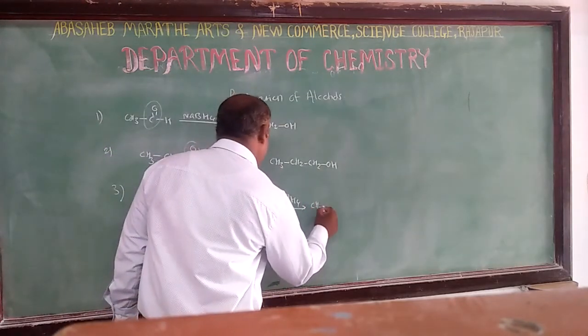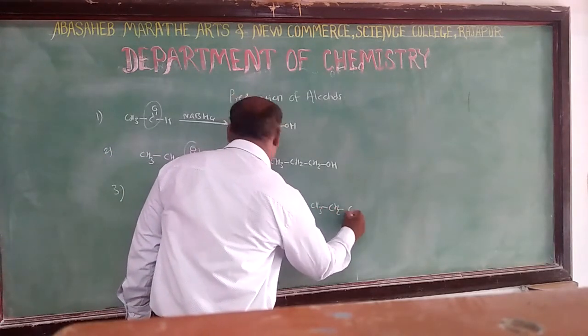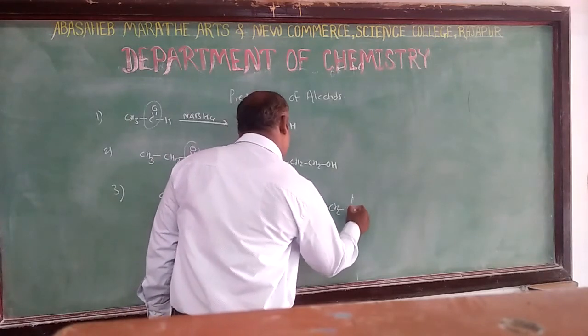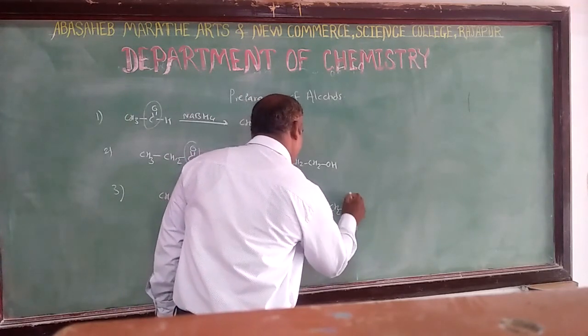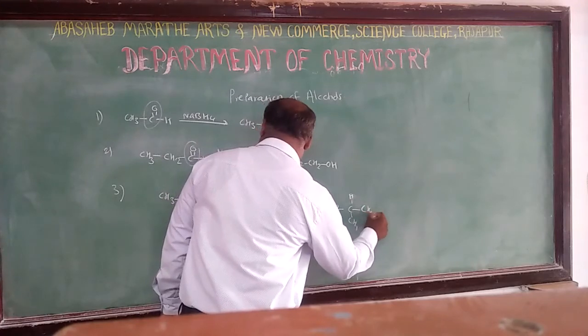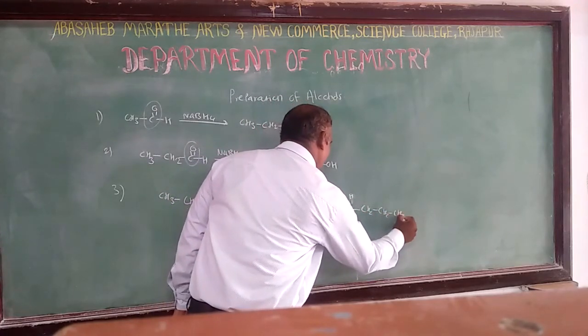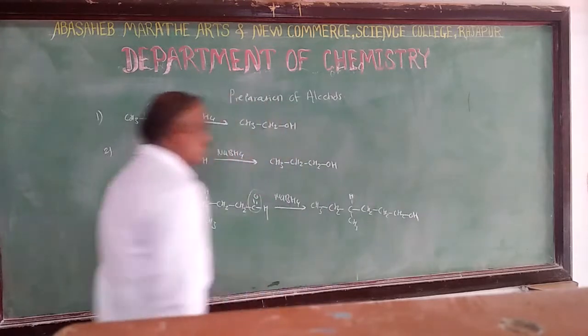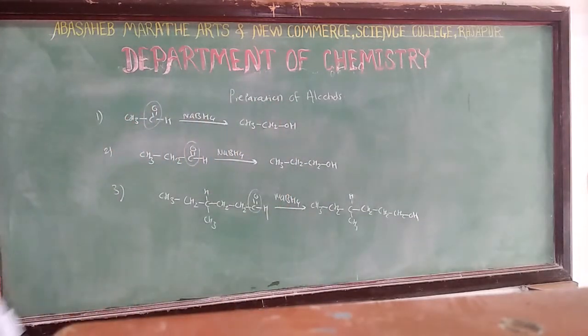So the product is CH3CH2CH2OH type alcohol.